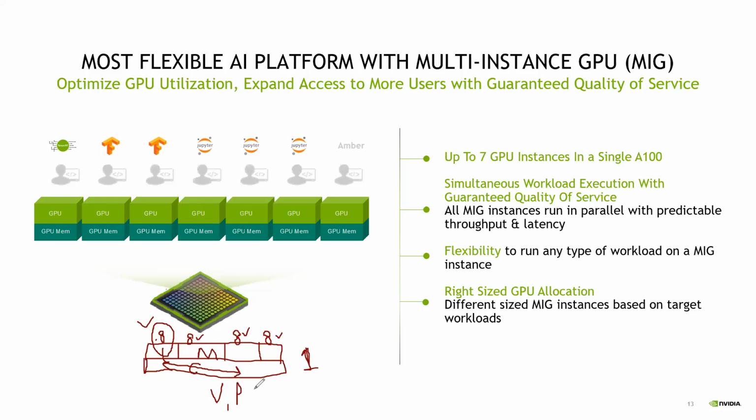This was the case in the Volta architecture and the Pascal architecture: even if you sliced the GPU memory, the partition was not possible for the cores. But with the A100 architecture, with its novel approach of MIG instances, you not only get the GPU memory sliced, you also get the GPU cores sliced.